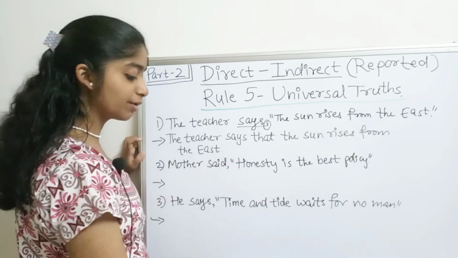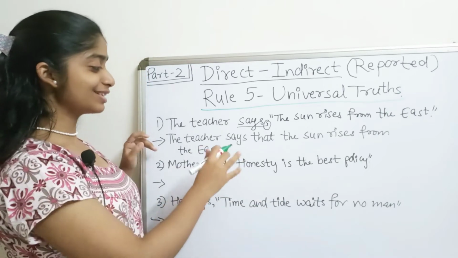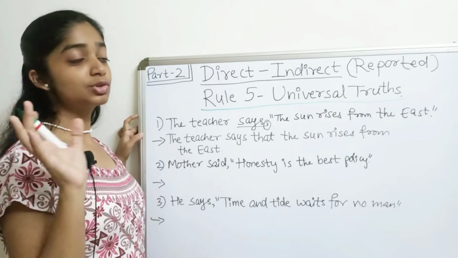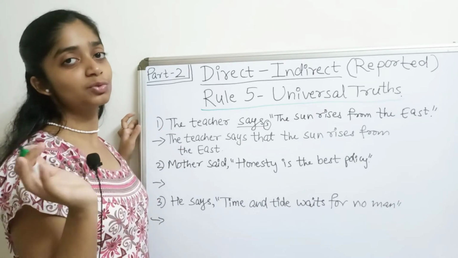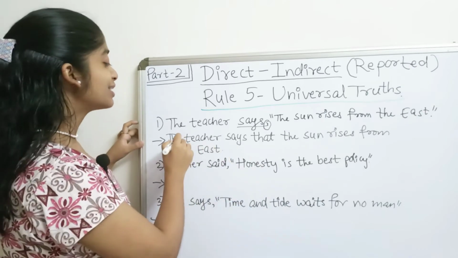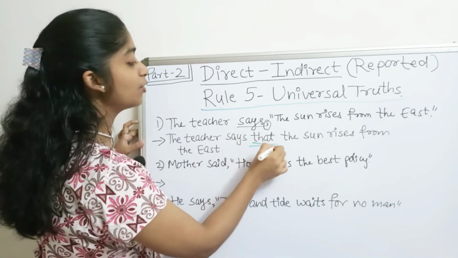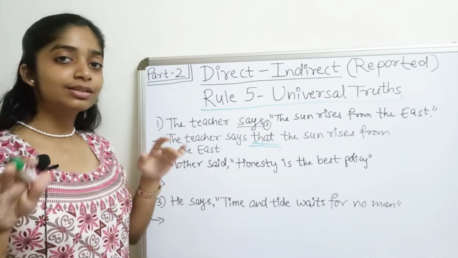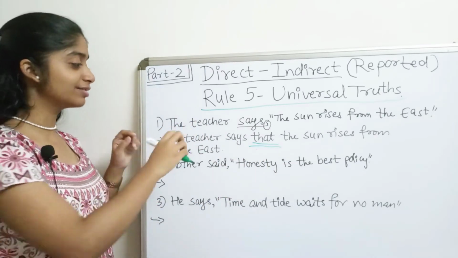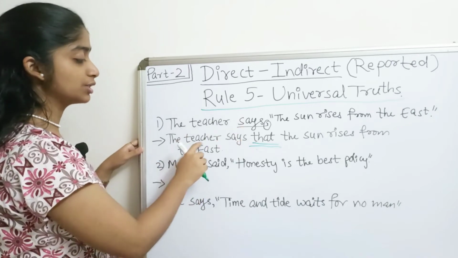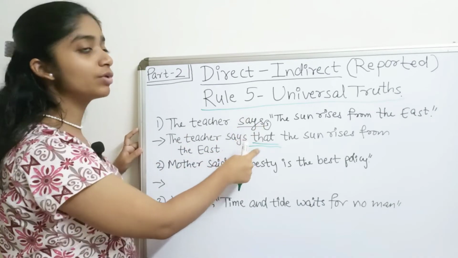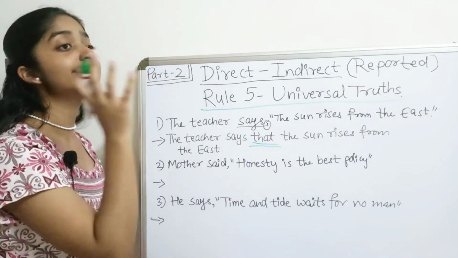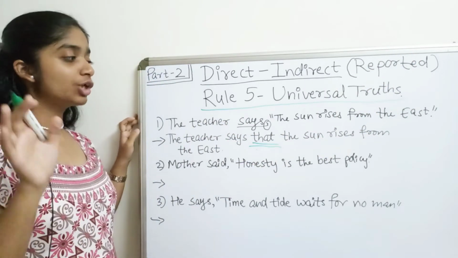What did we do here in this sentence? This is the easiest type of rule from all the 5 rules which we have seen so far. The teacher says, instead of the comma we have written that. That's it. We haven't changed anything else. The sun rises from the east remains as it is. No change.